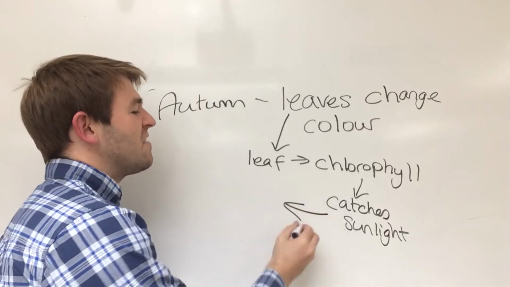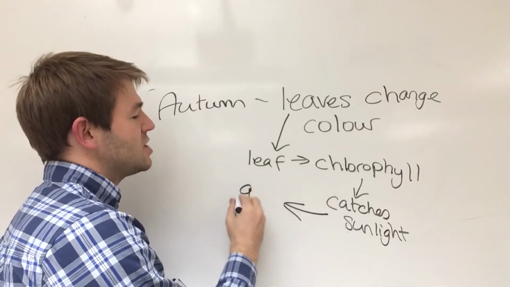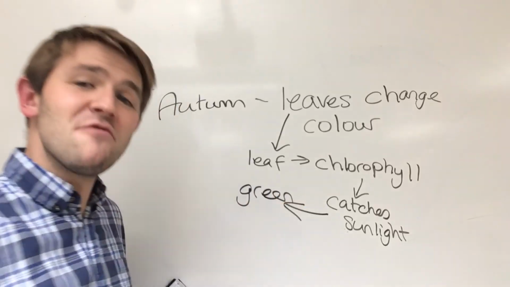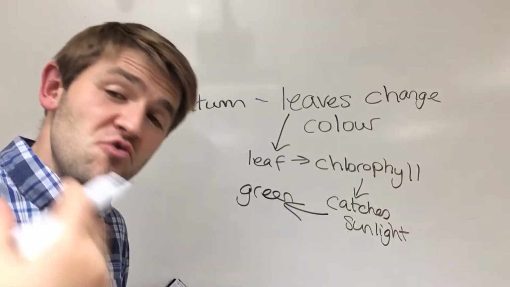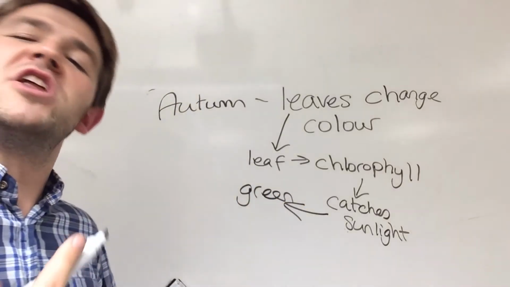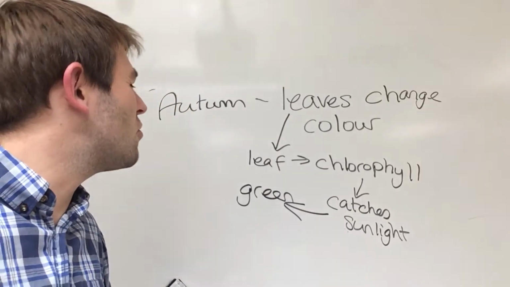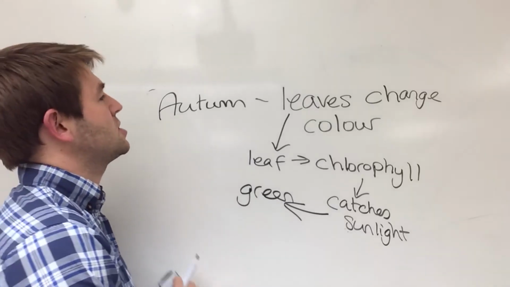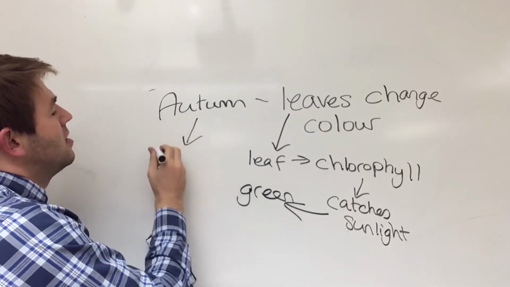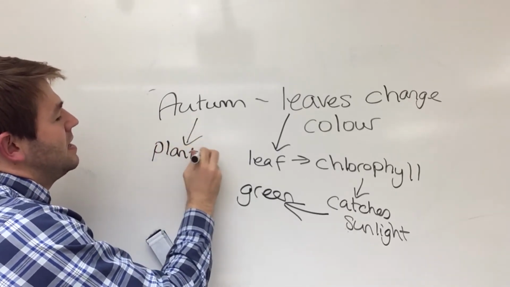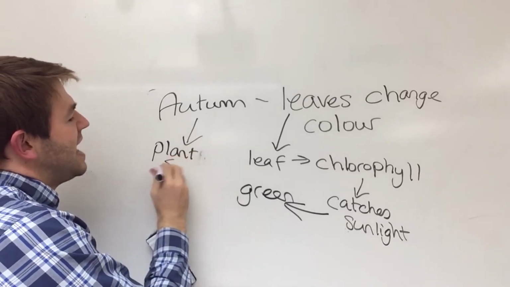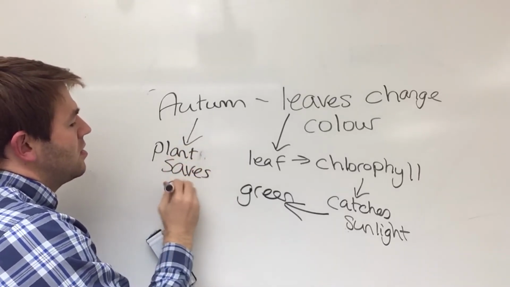The thing you know about is that chlorophyll is also green. So every leaf is green. But in autumn, it could be yellow, brown, red. That's because in autumn, the plant saves chlorophyll.